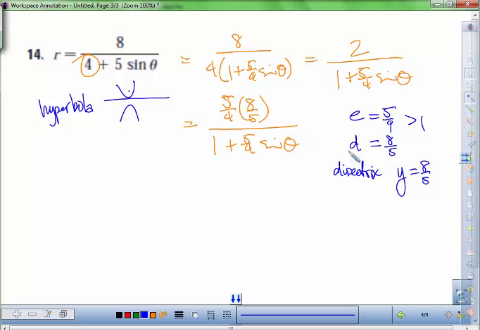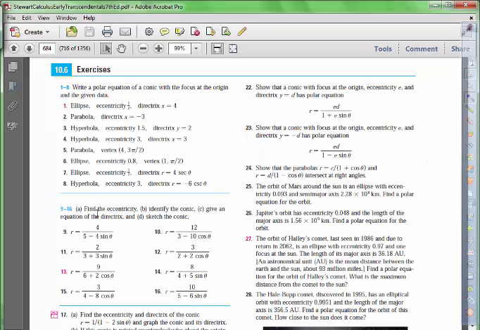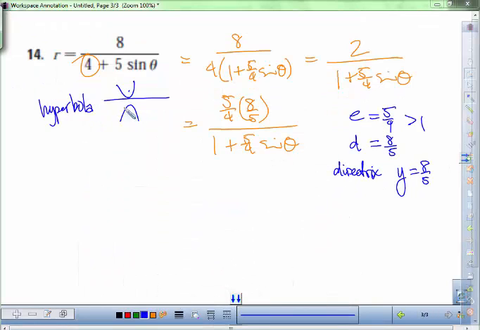All right. So what are we supposed to do for this problem? We're supposed to find the eccentricity, identify the conic, give an equation for the directrix, and sketch the conic section. So is this a good enough sketch? All right.